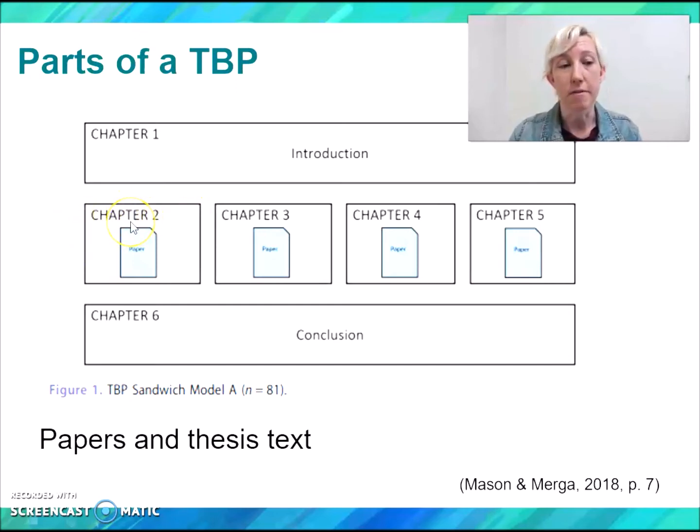For example, some prefacing information that couldn't fit into the paper itself. So what you're going to have are two types of text: your papers and what I'll just call your thesis text, so everything that is not a paper.